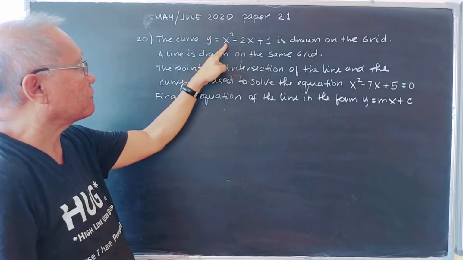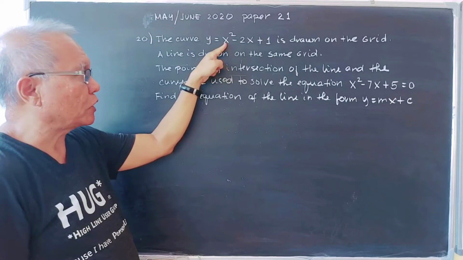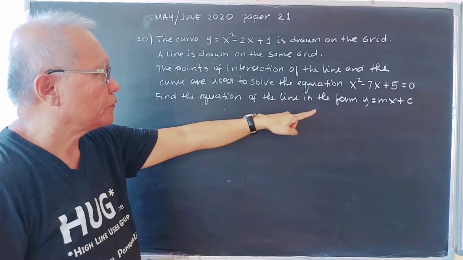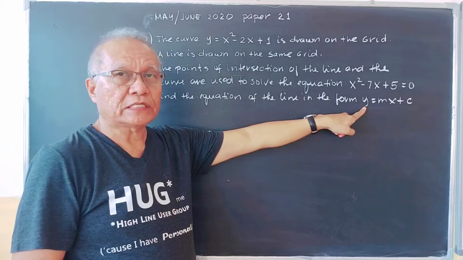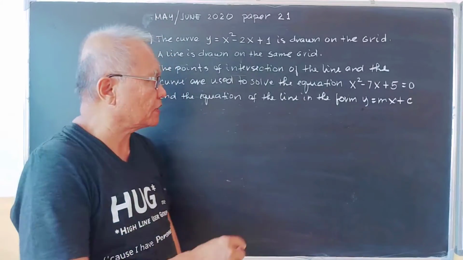Now this graph, because this one is quadratic, is a parabola, but this form is the slope-intercept form, where m is the slope and c is the y-intercept.